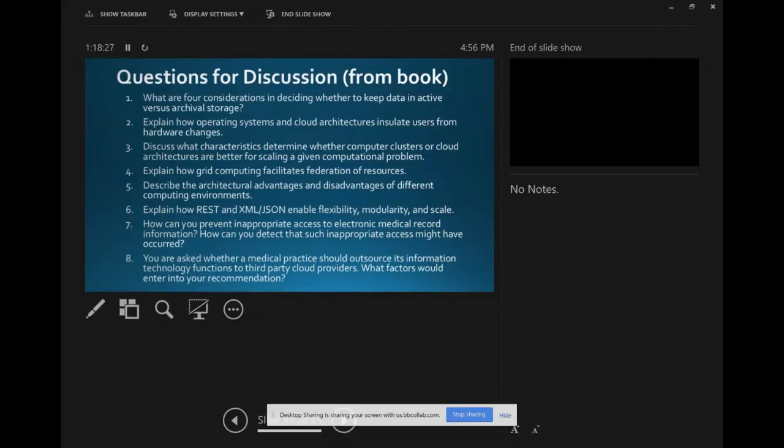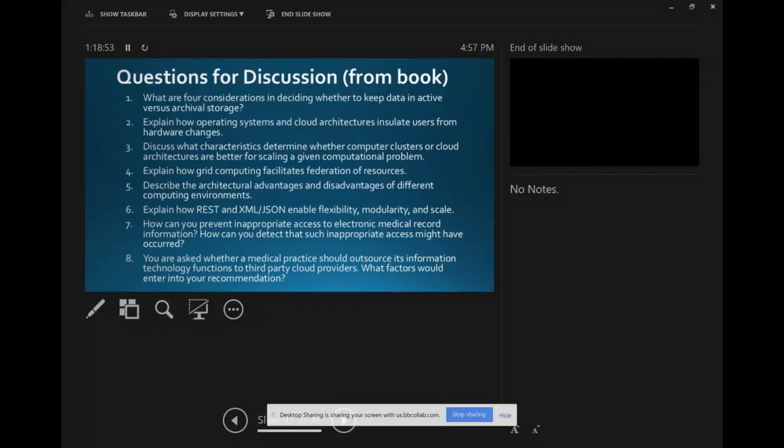How can you prevent inappropriate access to electronic medical record information? You can house it securely. Physical controls prevent reading in, and badge access to levels.